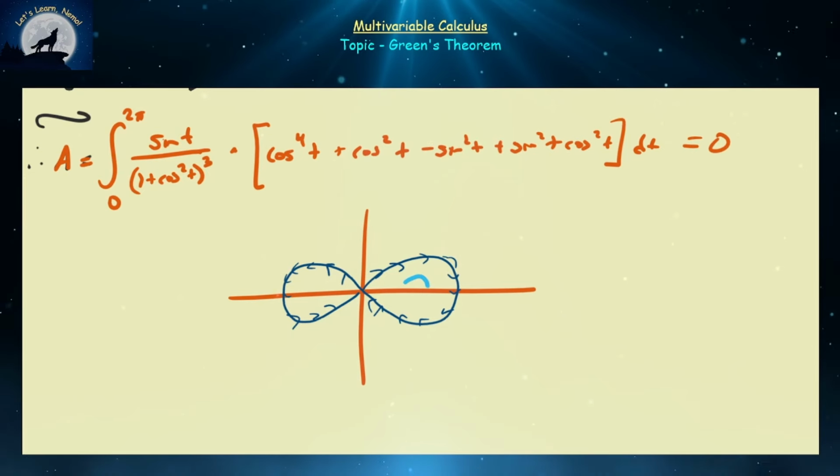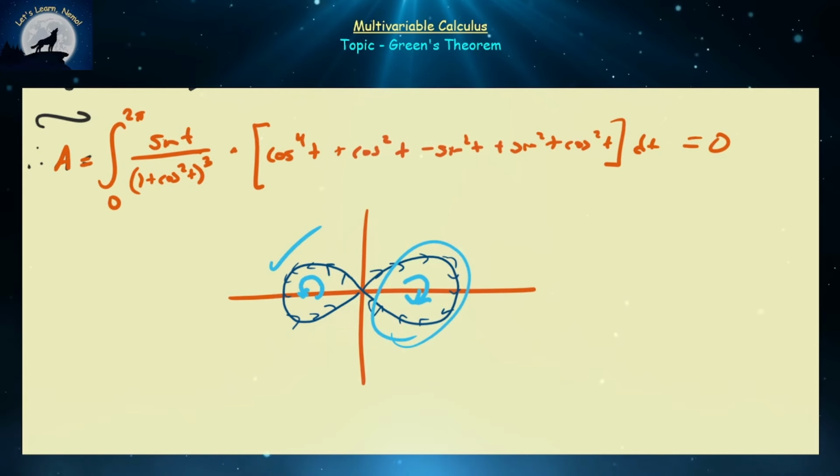This integral is going in that direction, and this integral is going in that direction. And Green's theorem technically only applies to your positively oriented integrals. So all you would have to do is mirror this and then add them, or just find the one on the left-hand side and multiply it by 2.